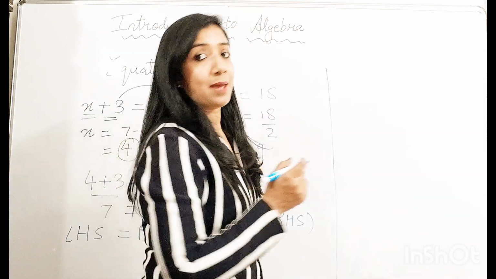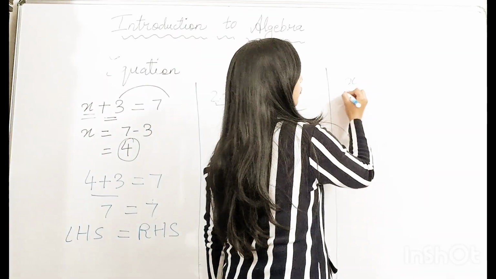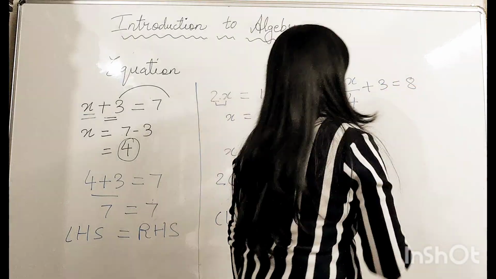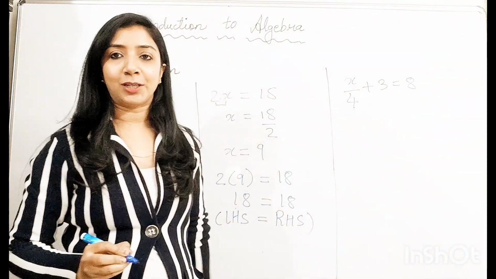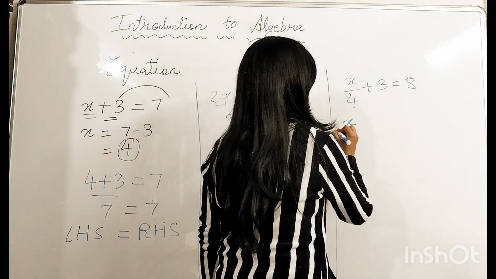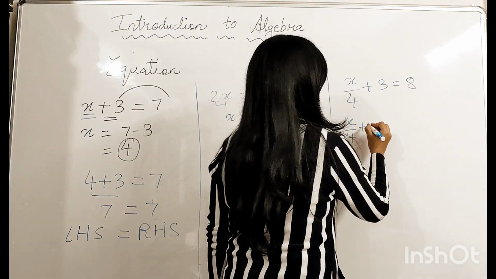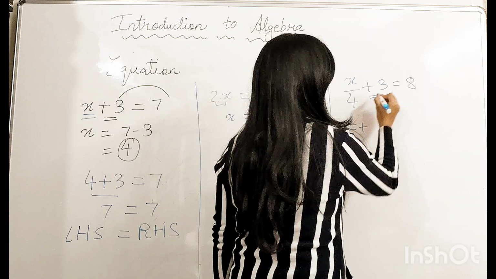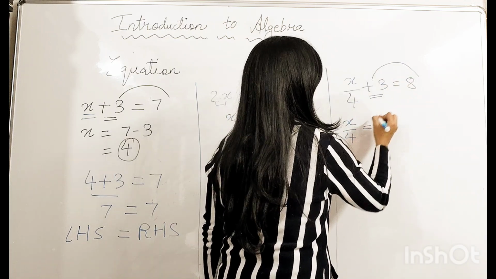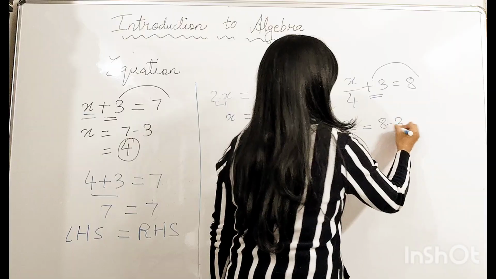Now my last example is x upon 4 plus 3 is equals to 8. So here again we need to find the value of x first. So x upon 4 we will write, plus 3. So this plus 3 will go to the right hand side. So it is equals to 8 minus 3.